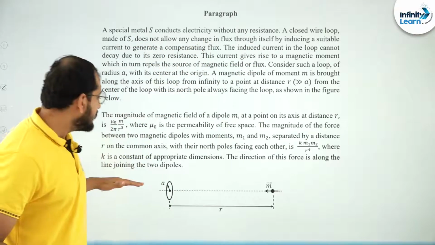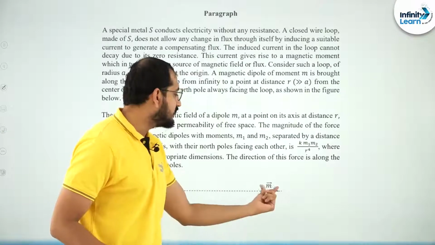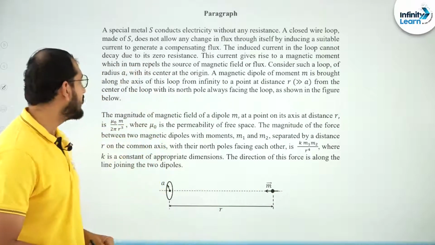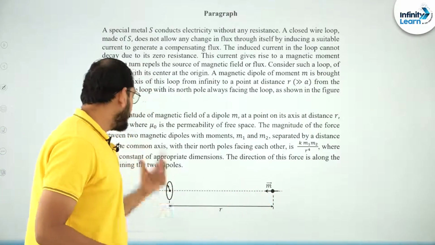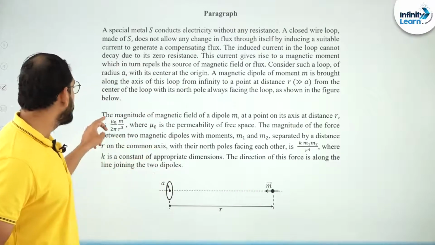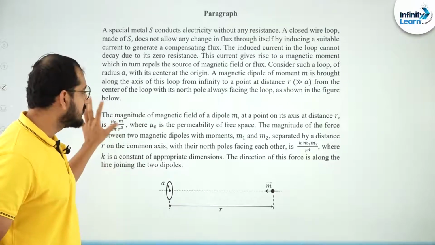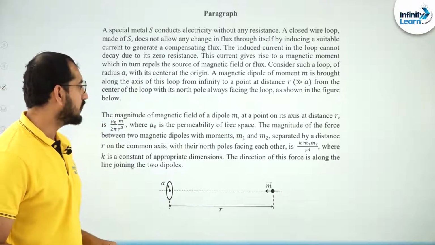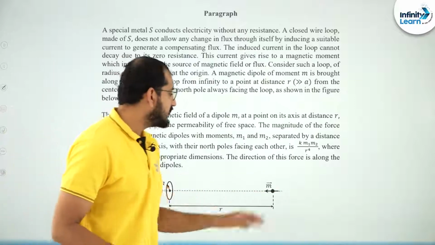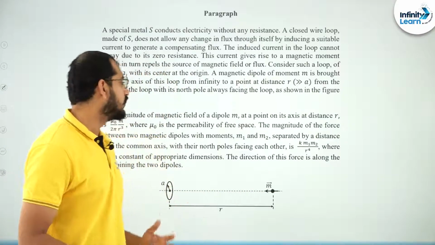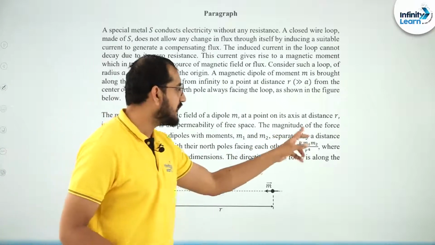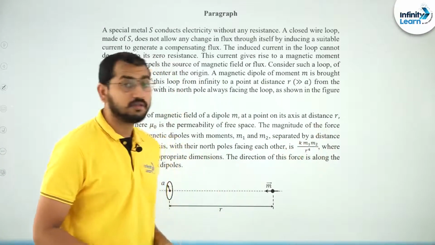Okay, and at a very large distance we have this magnetic dipole over here, right, and this magnetic dipole is producing a magnetic field. It is written as mu naught by 2 pi m by r cube. That is also given in our question. Okay, apart from that, another data is given that if two magnetic dipoles are there, then the interactive force between them can be written as k m1 m2 by r to the power 4.